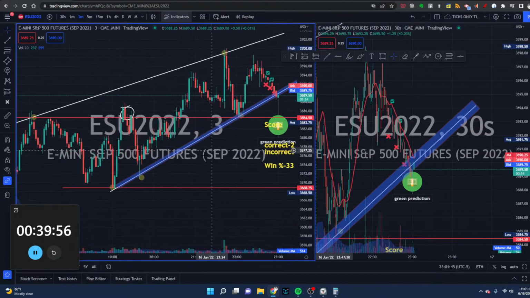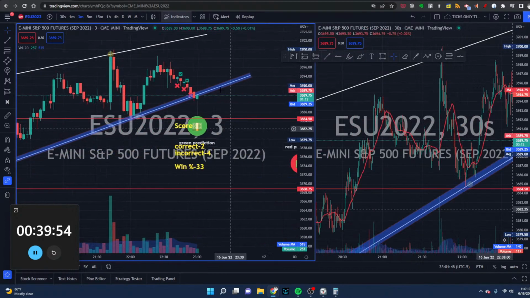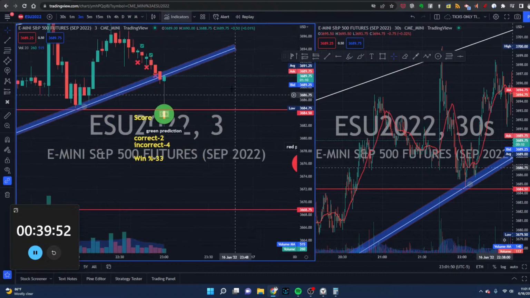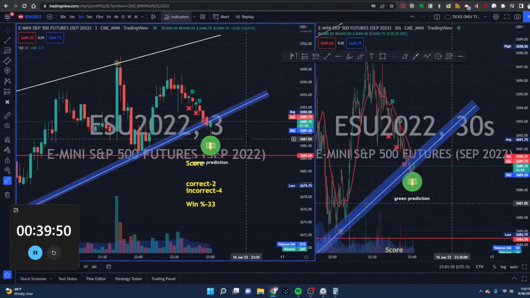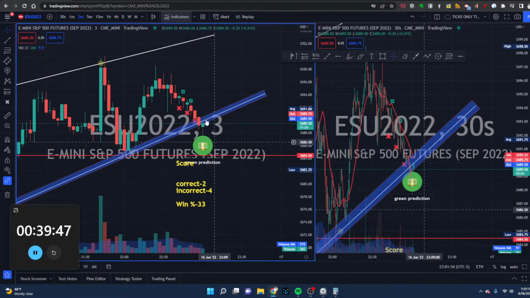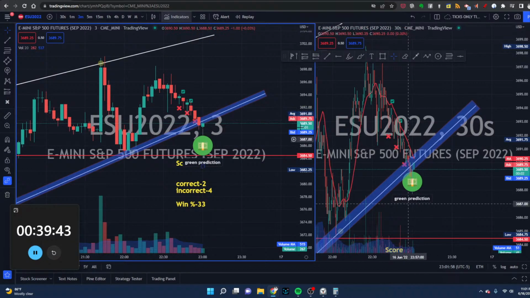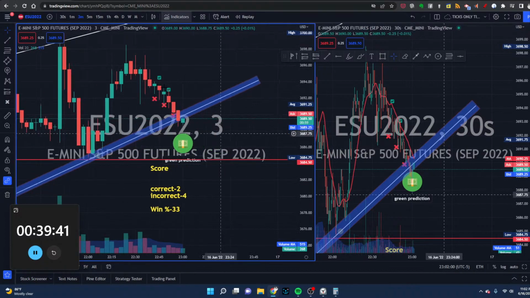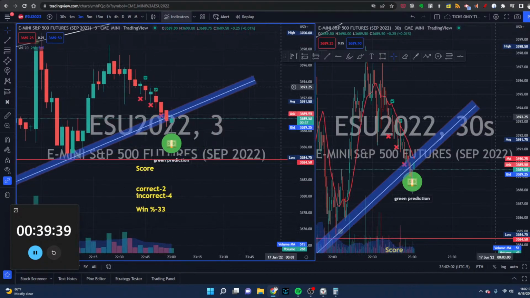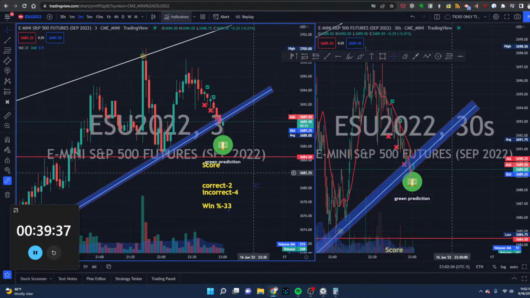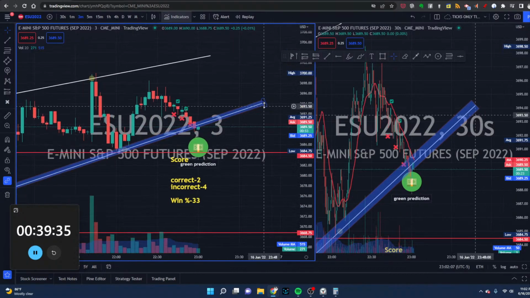I don't do that too much anymore because I just know that it's a zone, but for new traders, it helps you to realize that price is not going to come down and stop at your little line. It doesn't usually work that way. It's going to be a zone, and it will most likely stay within a zone if it's going to react to it. So just a way to look at it.